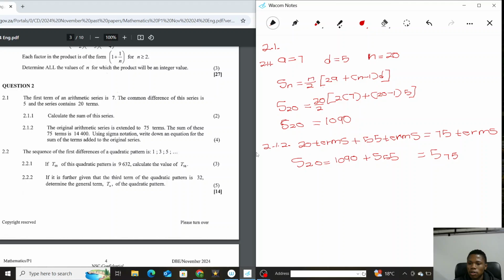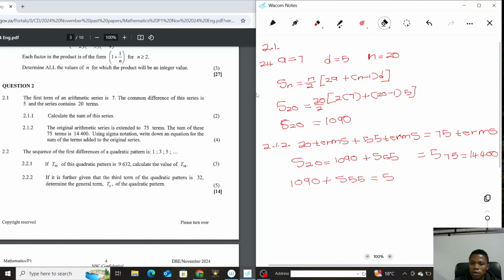Therefore, in order to find the sum of the 55 terms, you must say the sum of the first 20 terms, which is 1090, plus the sum of the 55 terms must be equal to the sum of their combination, which is 14,400.